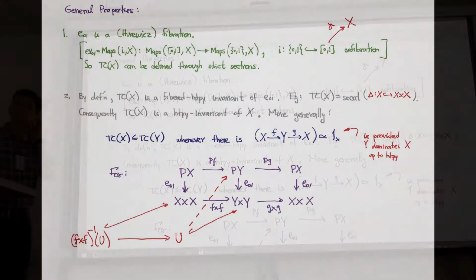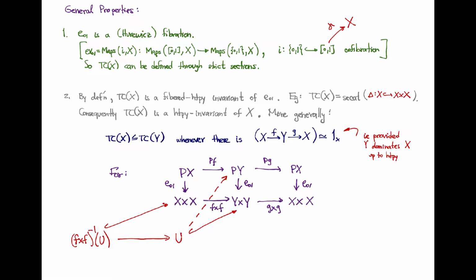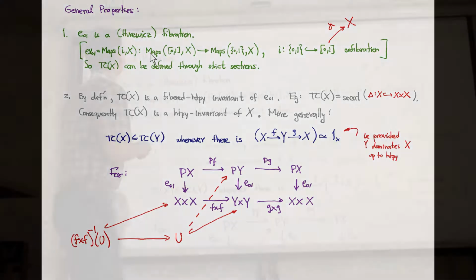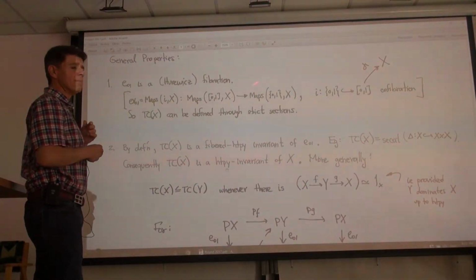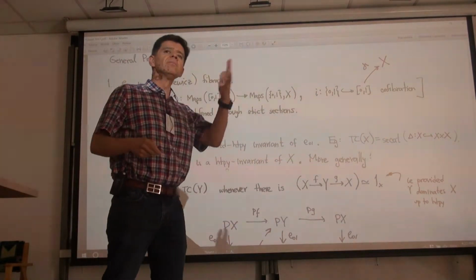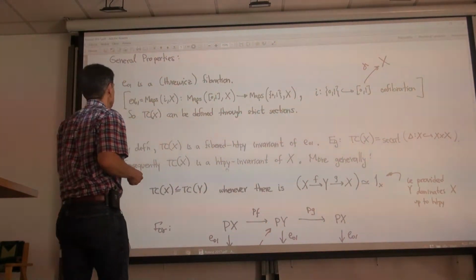Okay, so let me start with some basic general properties of this concept. The first thing to notice is that the double evaluation map is a fibration, and that's because what you do is, if you take a path, you just restrict it to the endpoints. And the point is that this restriction is a cofibration, so it's a standard exercise that the map induced by applying this functor of maps of something into X transforms cofibrations into fibrations.